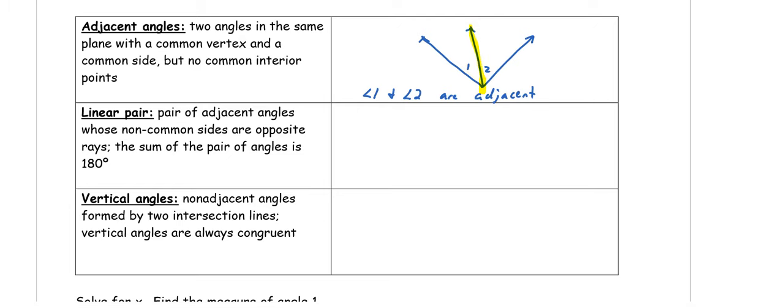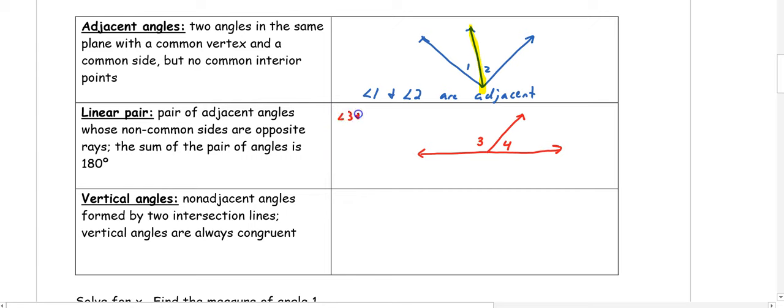Linear pair. Linear pair is a fancy pair of acute angles where the non-common sides are opposite rays. So a linear pair is going to form a straight line. So let's say this is angle 3 and 4. This one down here is a straight line, so it's forming a linear pair. So we can say two things about this.